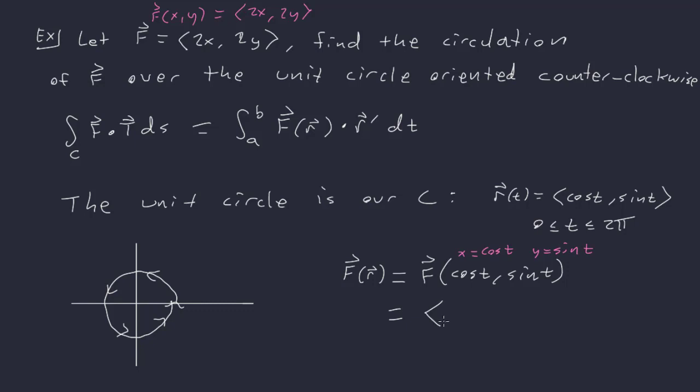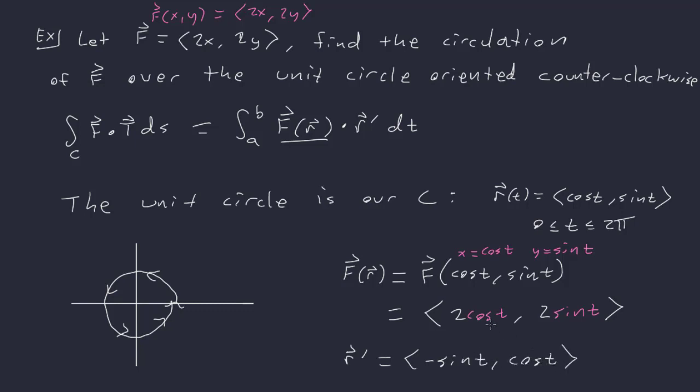So instead of the vector 2x, 2y, we'll get the vector 2 cosine t, comma 2 sine t. So here's F of r, perfect. We got that piece. Let's find r prime now. Well, r prime, we just take r and take its derivative. So cosine t, sine t, we're going to get negative sine t, comma cosine t.